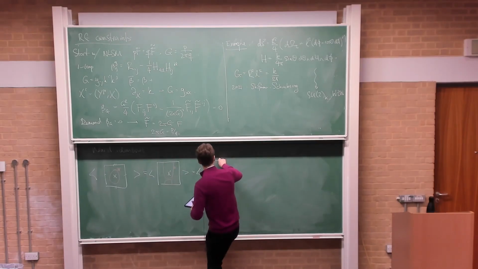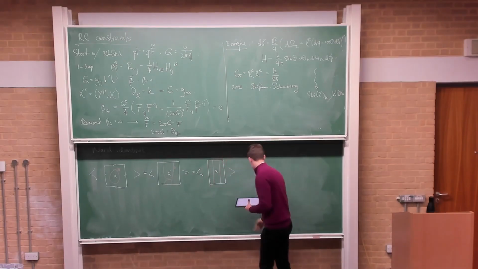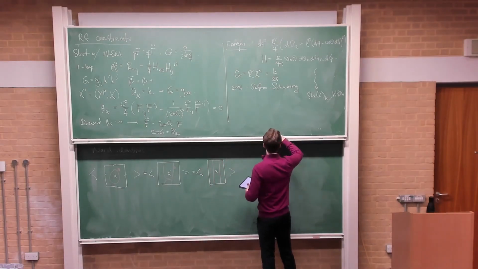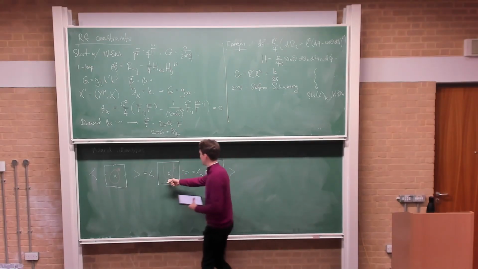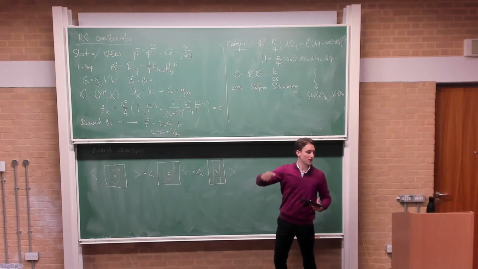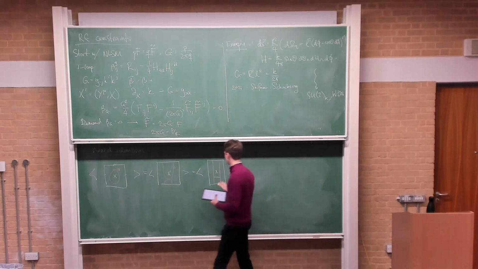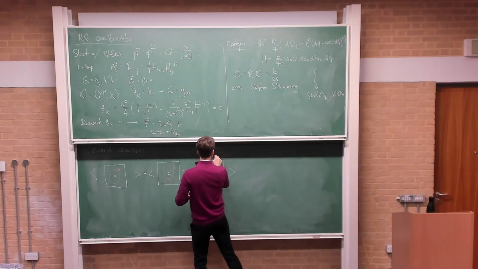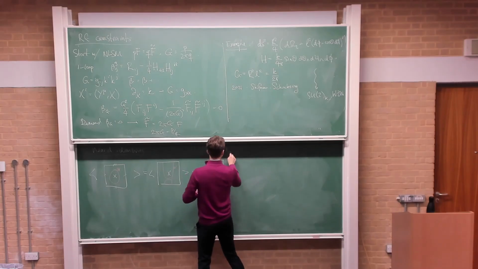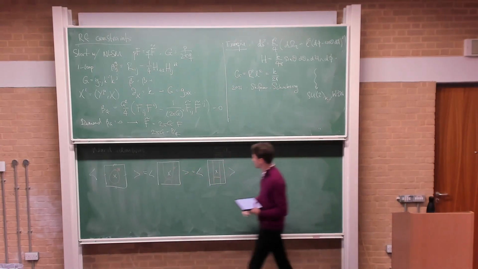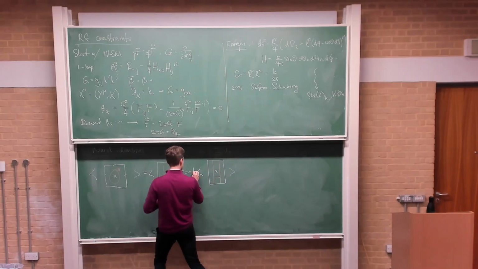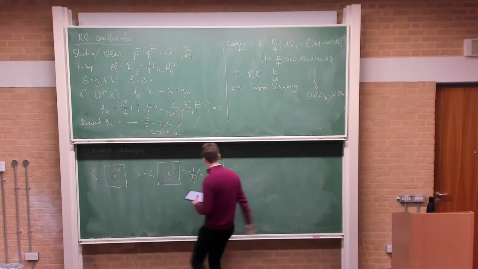Let's not get into it exactly, but I can use, more colors, here we go, an F move, and essentially because the fusion of n with itself gives a sum over the group generators, this yellow line is denoting a sum over the group generators. Okay, and there's a factor. The F symbols come with it.